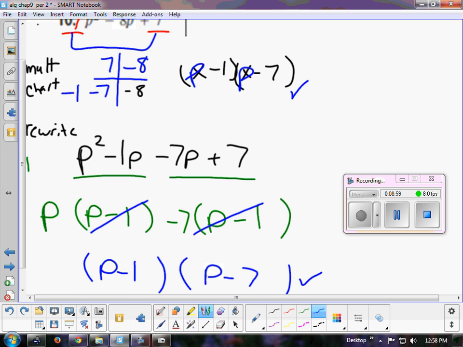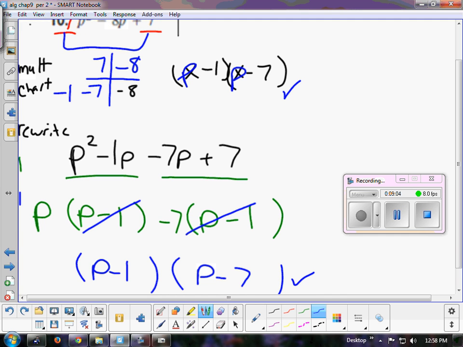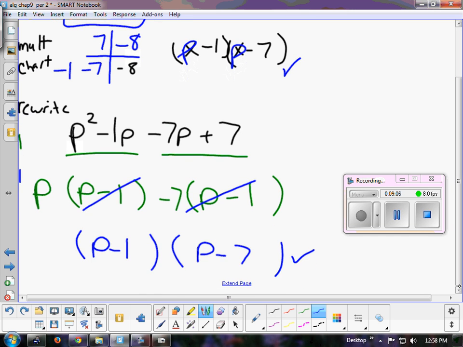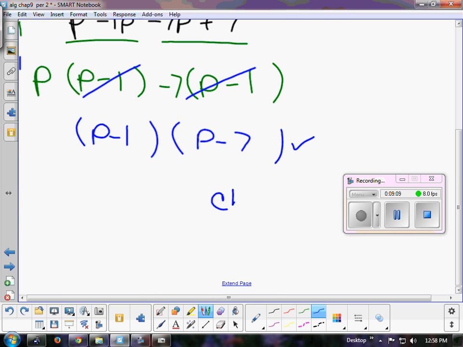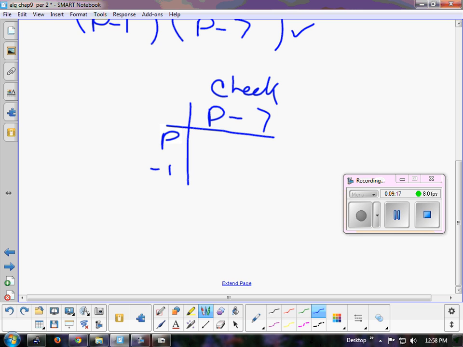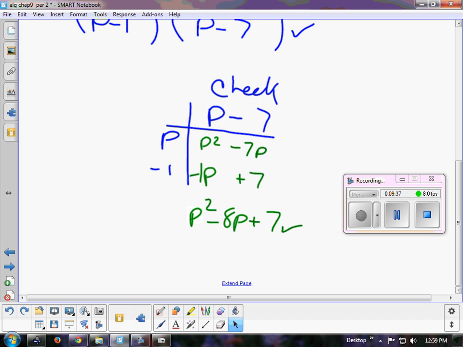Now, what you need to do tonight is check these two. So you have to do a check on tonight's homework. For each question, write check, p minus 7, p minus 1, and do the box method and check these. So p times p is p squared, -7p, -p, plus 7, and I get p squared minus 8p plus 7, and it checks with the original answer.